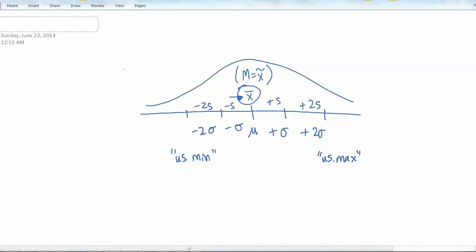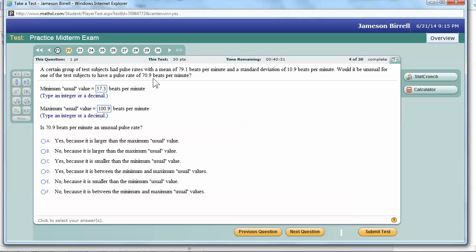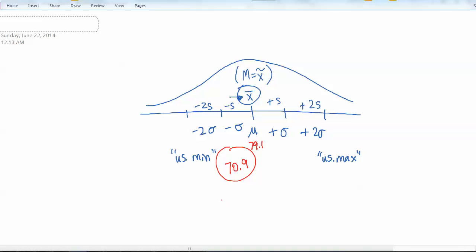And we could see ahead of time that if this was 79.1, we're definitely going to fit 70.9 in there, within the usual 4 standard deviations around the mean. In other words, we say that this is within 2 standard deviations, is what we're really referring to as the plus or minus.